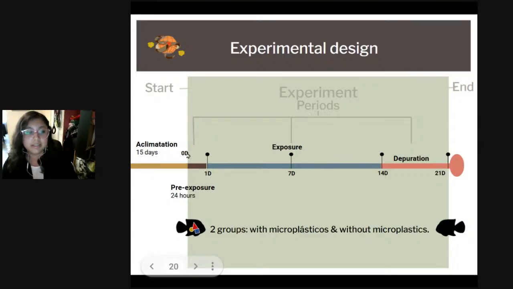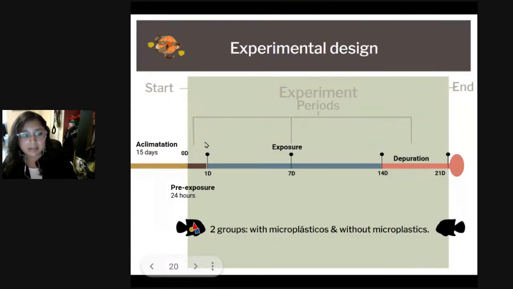Then we set the start of the experiment with 1 day of pre-exposure, and then 2 weeks of exposure to the pollutant, and ended with 1 week of depuration where we took the microplastics out of the environment. We had 2 groups, one with microplastic and the other that remained without microplastic during the whole experiment.